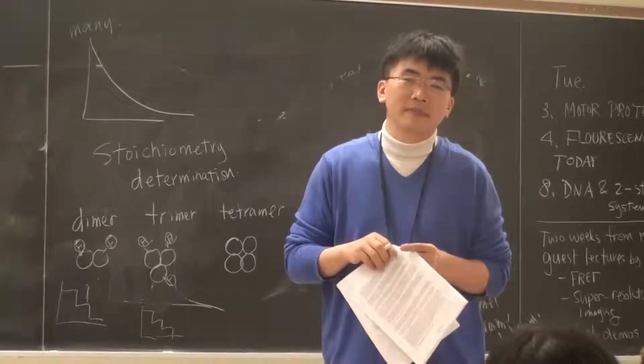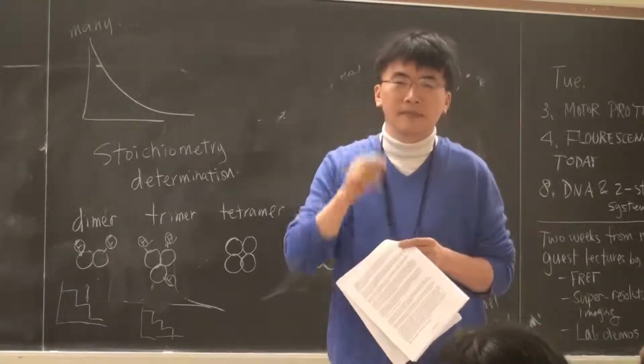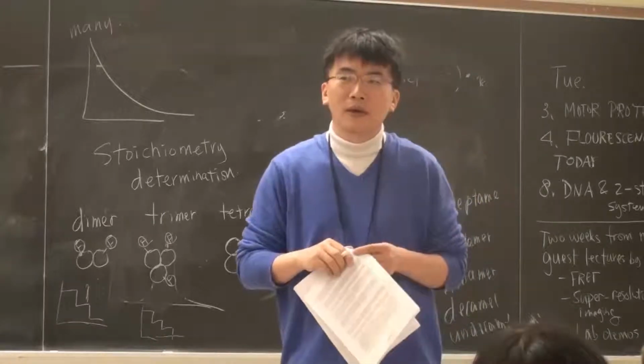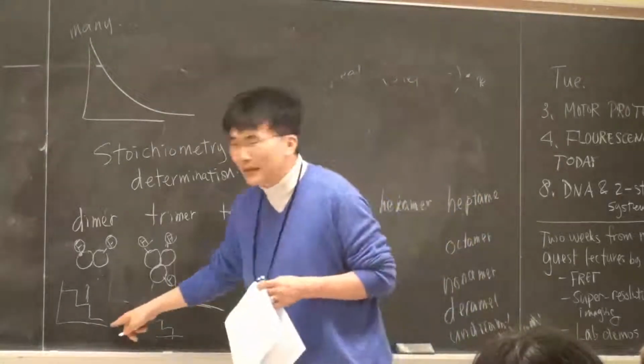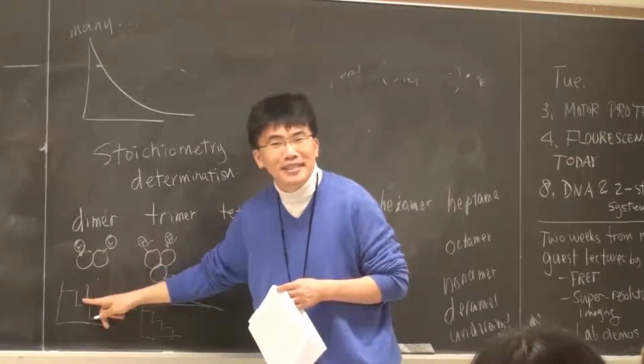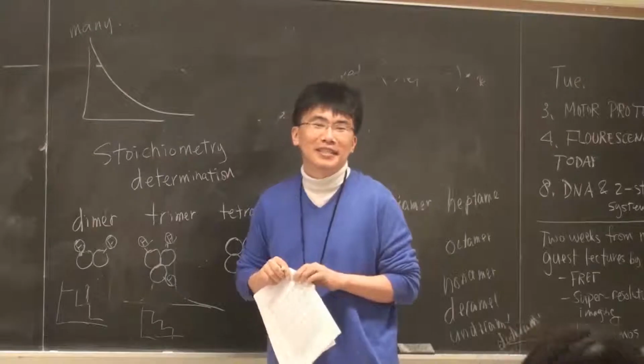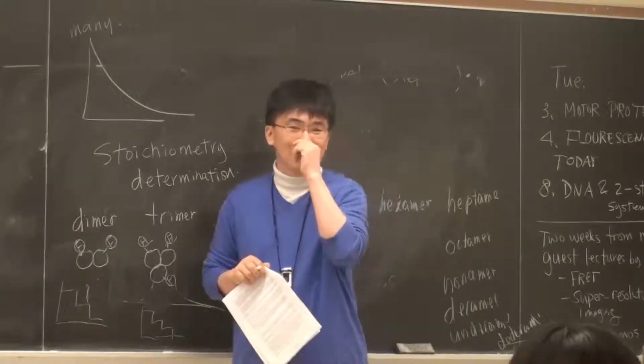So how do we realize which is the first step and which is the second step? Oh, in that case, you see that as a function of time. So when you see 2-step photobleaching, I don't know which one is bleaching first. I don't know that, right? So they obviously don't bleach simultaneously.